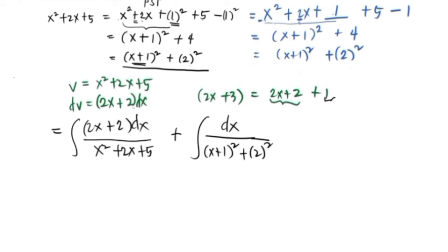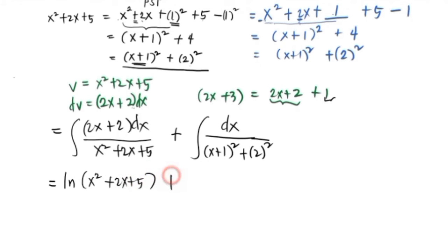So for the first term, since derivative na ng denominator yung nasa numerator natin, so therefore this is just integral leading to logarithm, so that is ln of the denominator, x squared plus 2x plus 5.